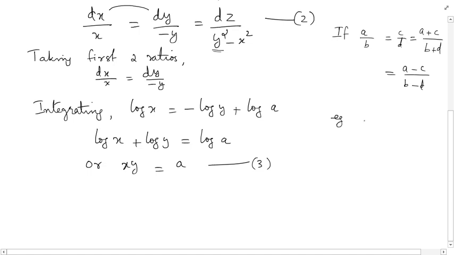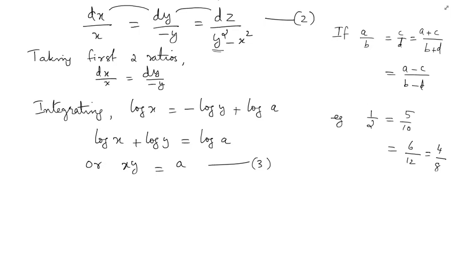For example, you know that 1 by 2 is equal to 5 by 10, and this is also equal to 1 plus 5, that is 6 by 12, and this is also equal to 5 minus 1 is 4 by 10 minus 2, that is 8. So all these ratios are equal. So therefore, we will make use of this property in this case for finding the second independent solution.